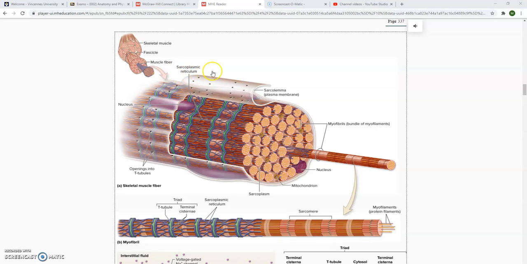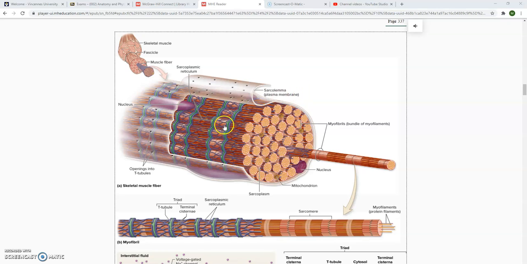So we learned about the endoplasmic reticulum. These have a special role, so we call them sarcoplasmic reticulum rather than endoplasmic reticulum. So that blue netting, I guess you could say, is the sarcoplasmic reticulum.